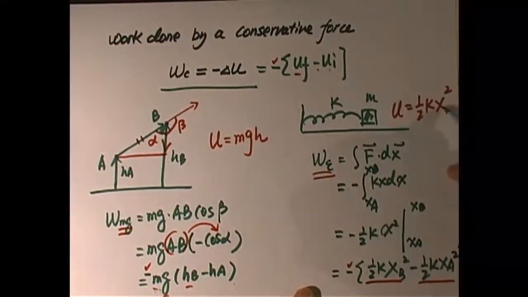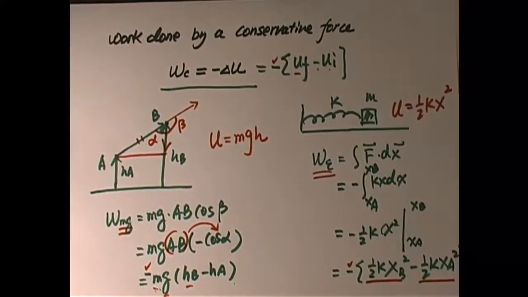Please note that x is displacement of the block, which actually is how much the spring has been stretched or compressed. It doesn't matter, stretch is positive x, compress is negative x in our case, but after squaring, whether you stretch 10 centimeters or compress 10 centimeters, the spring will have the same amount of potential energy.